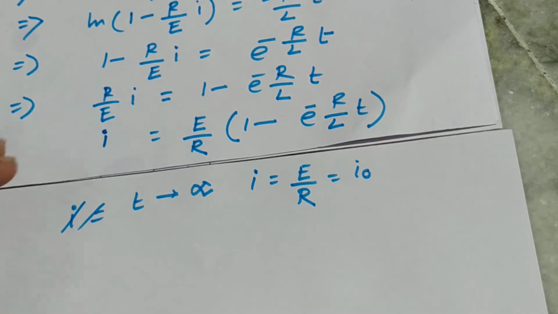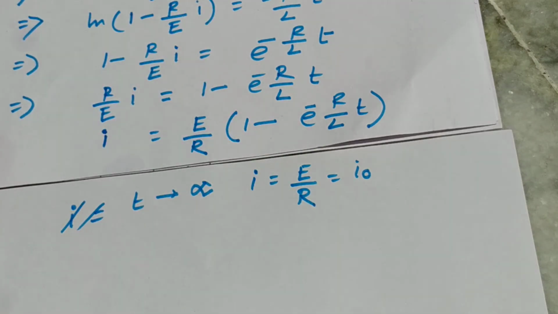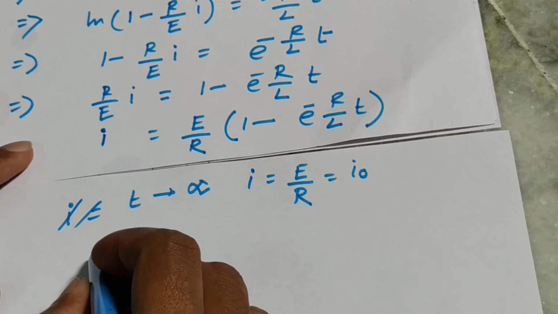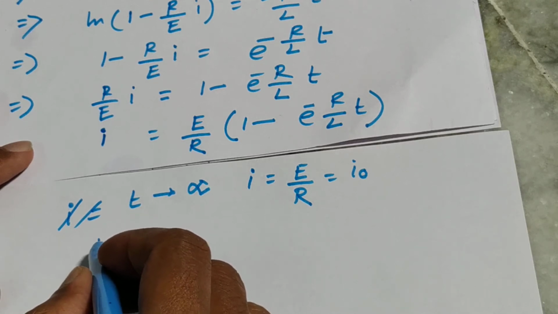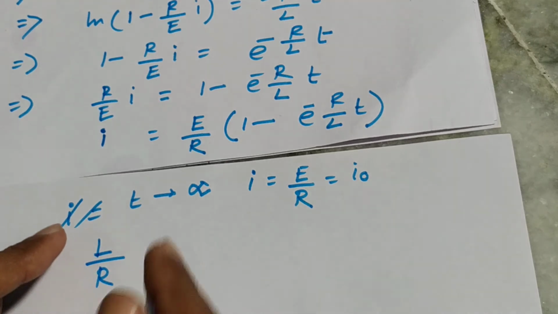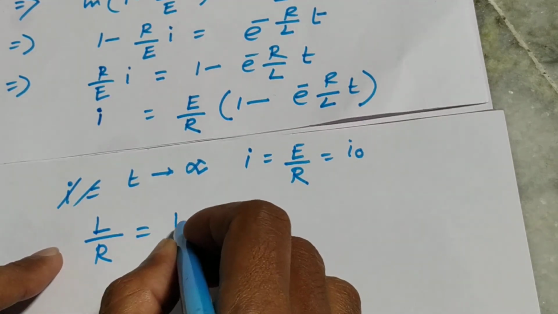This is the final steady state value at t equal to infinity. Here L by R has the dimension of time.